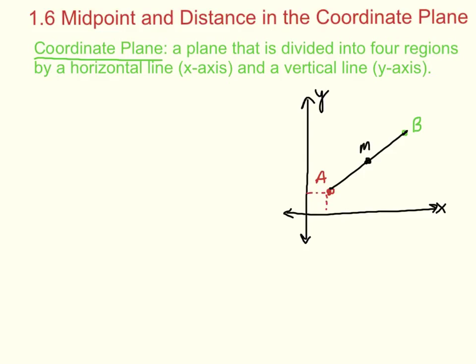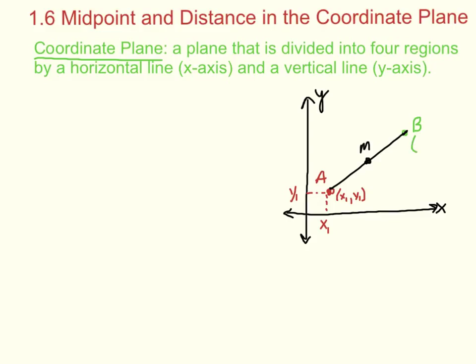The coordinates of point A, even though we don't have numbers, so we're pretending that we don't know any numbers here, are going to be x1, y1, because this is going to be the first x value, this is going to be the first y value.